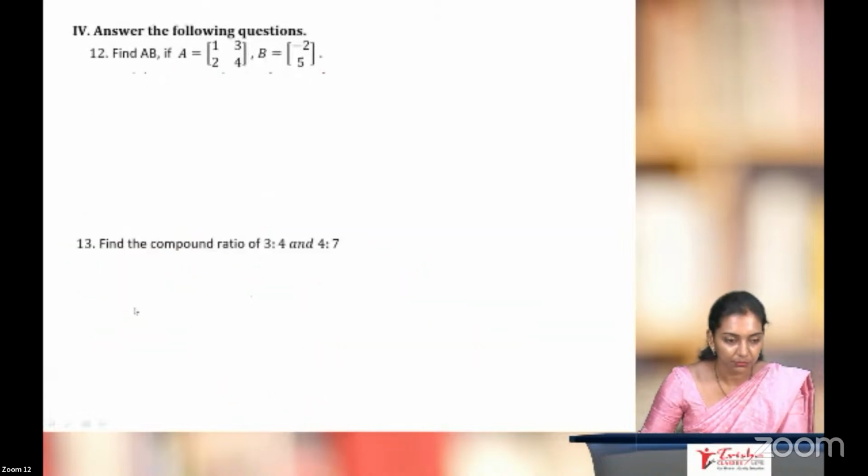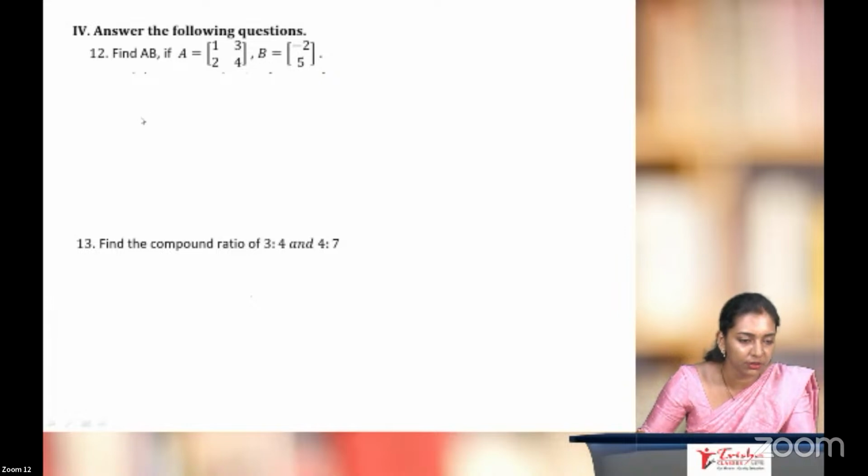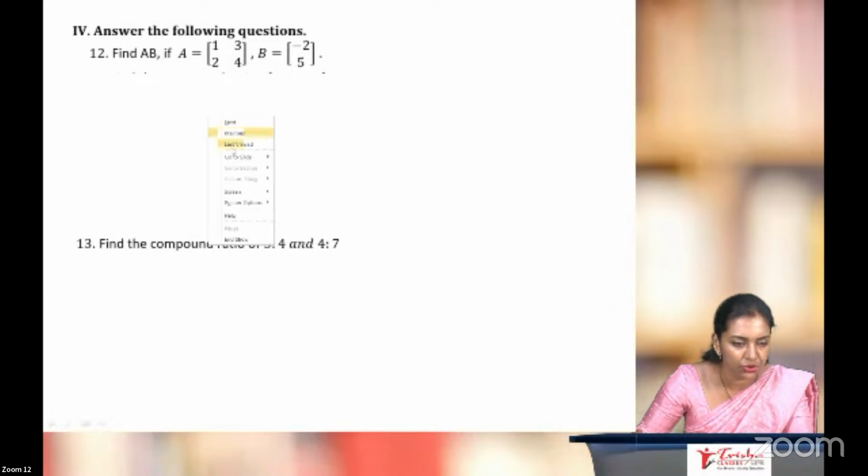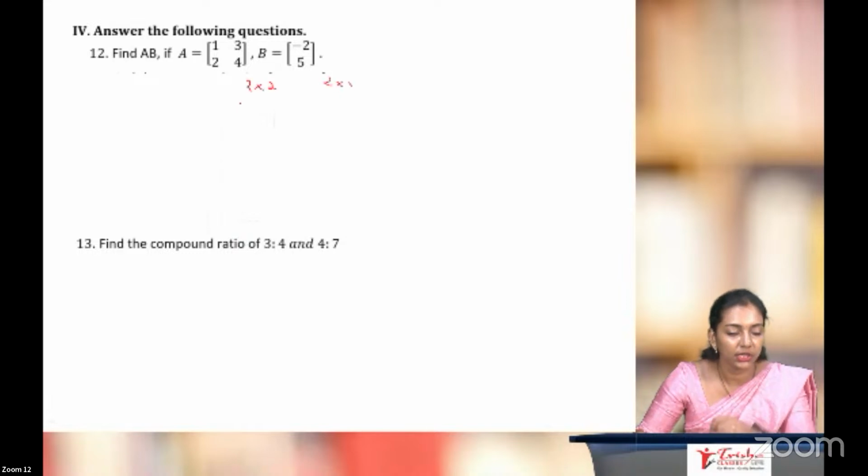Now A into B. I think we have already solved an A into B question. Very easy: first row into first column. As I told, first you need to check what type of order matrix you are going to get. Here it is 2 cross 2, and here it is 2 cross 1, 2 rows, 1 column, right?